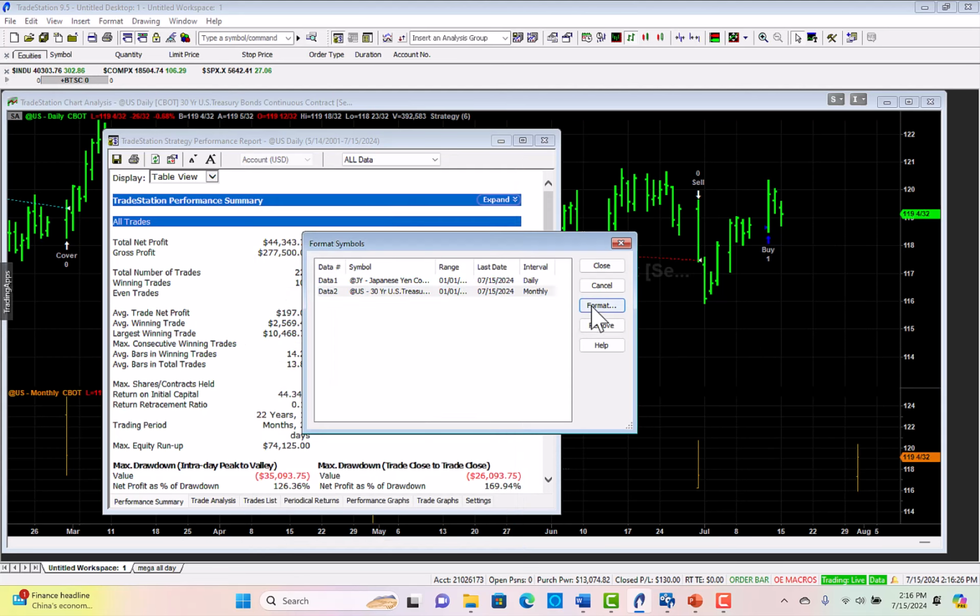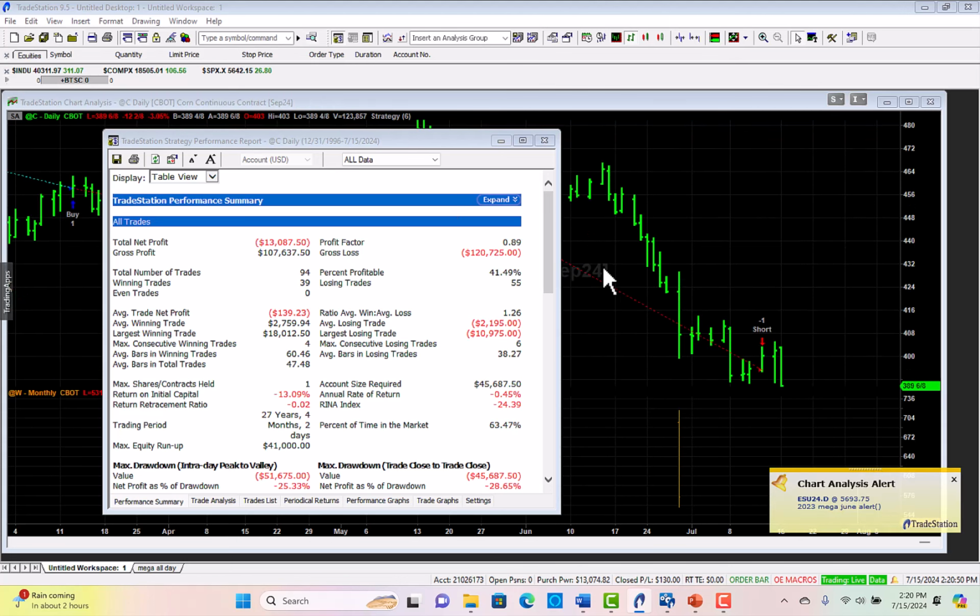Euro currency. Pretty interesting. Let's go outside of the financials. Soybeans. Wheat. Didn't like corn too much.